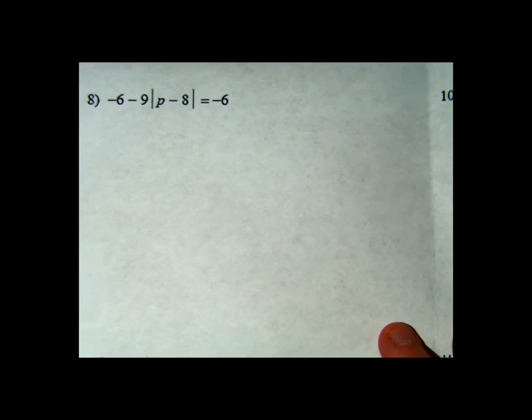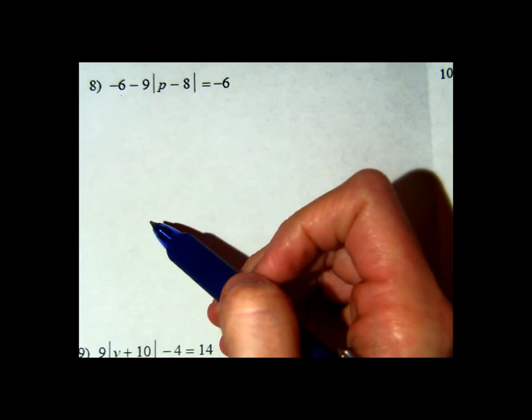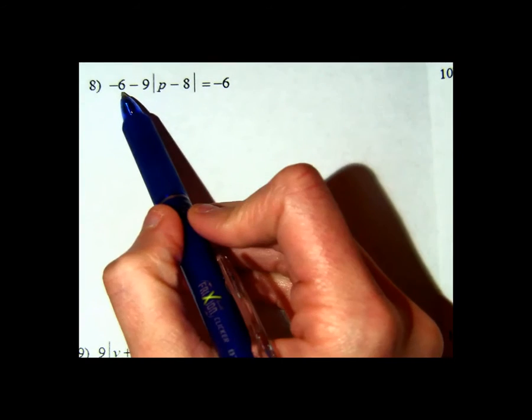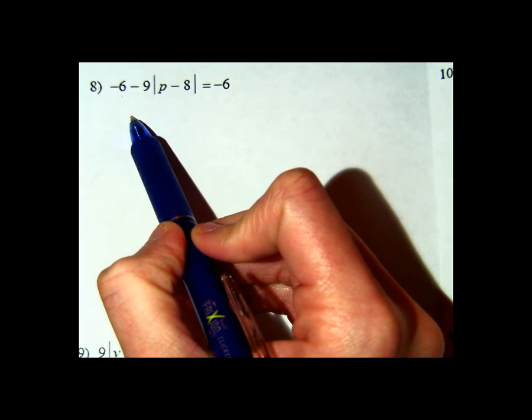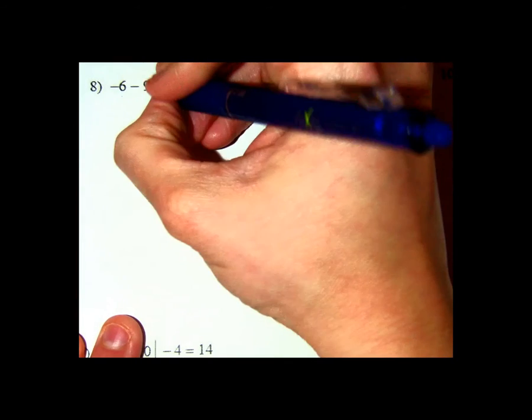So opening this up to number 8. This one's a little bit more going on. I've got a negative 6 minus 9. The biggest mistake that students make, and you may or may not make this, is doing negative 6 minus 9 and writing down negative 15. This is not negative 15 because you have negative 9 times this absolute value.